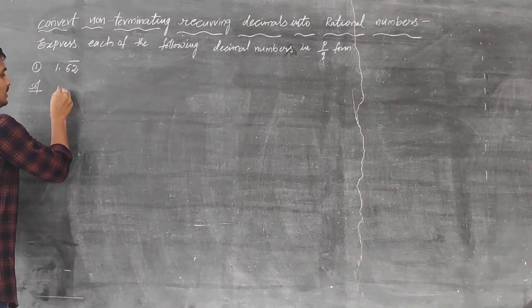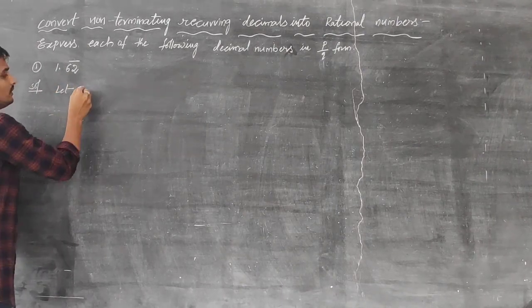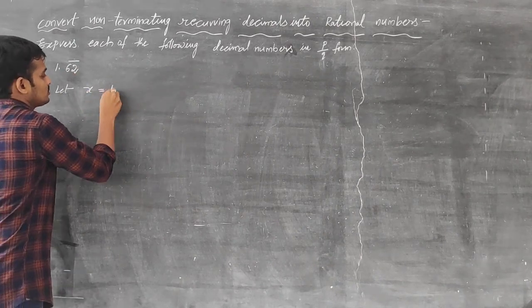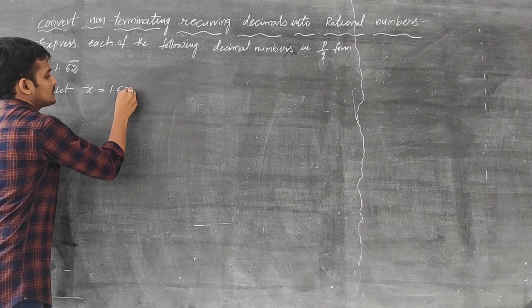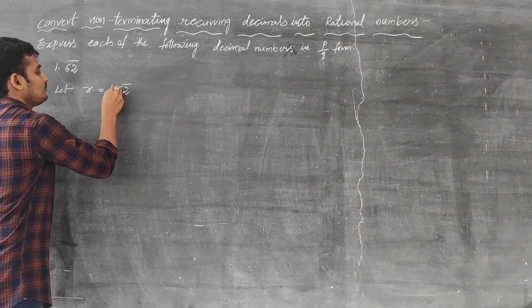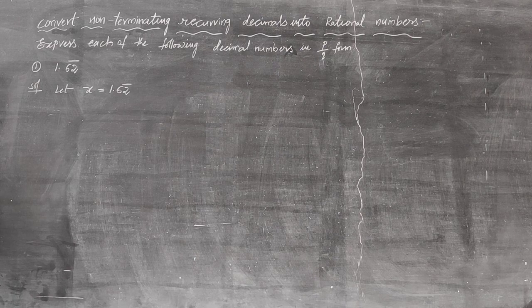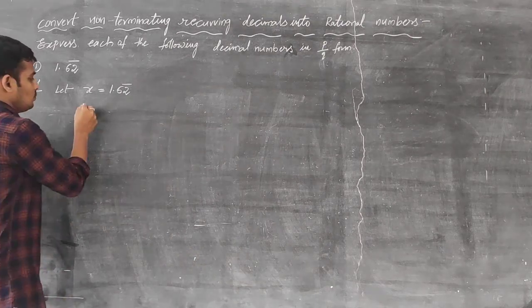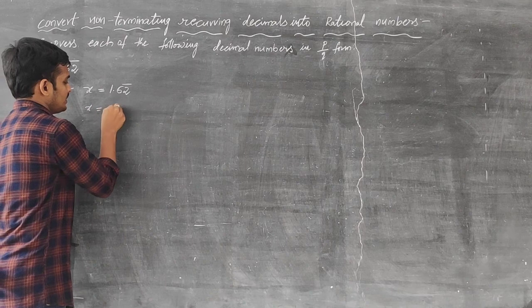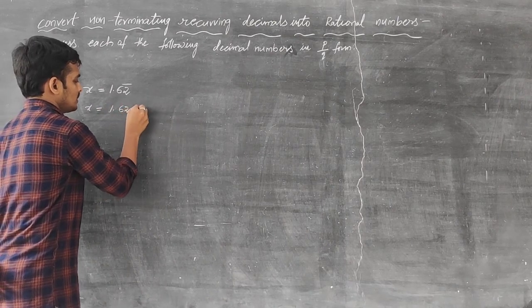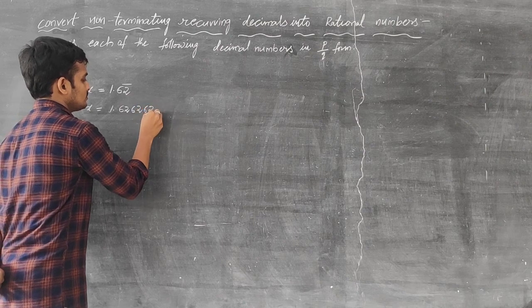Now we have to check. Let the number be x. x is equal to 1.62 bar. Now, 1.62 bar means we have to expand the 62 bar: 62, 62, 62, and so on.